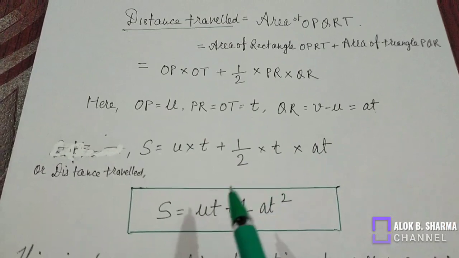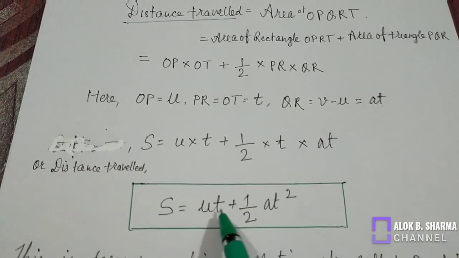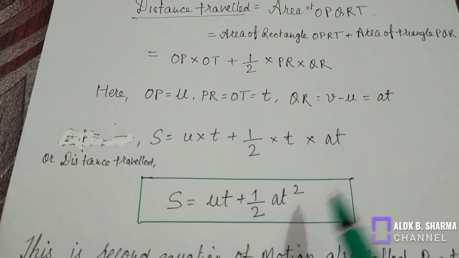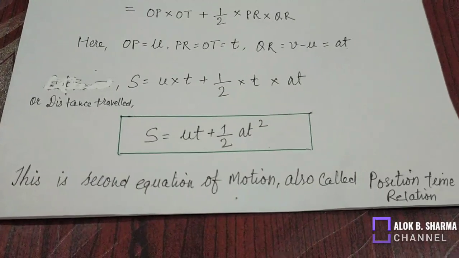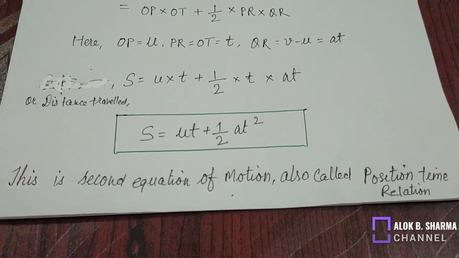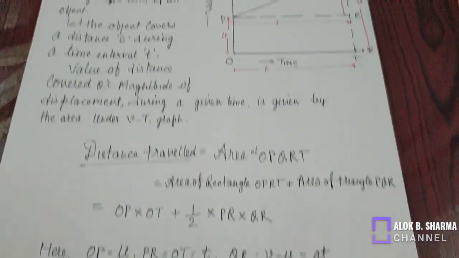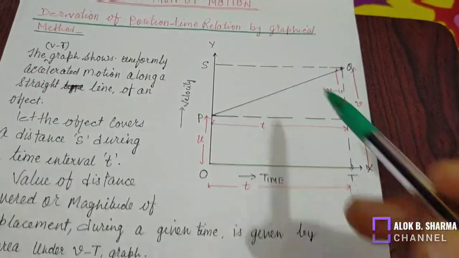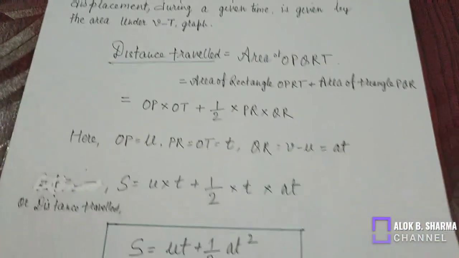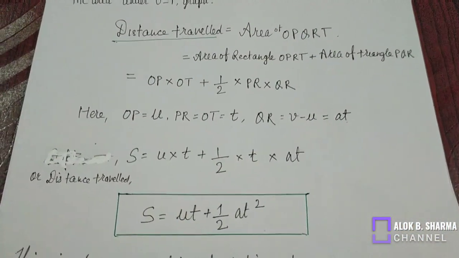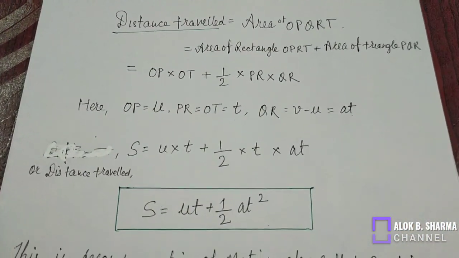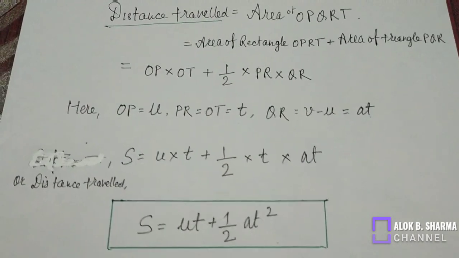Calculating this, we get S equals UT plus half AT square. This is the second equation of motion, also called the position time relation. This equation is obtained by calculating the area of the velocity time graph. Very simple. You practice this by pausing the video.